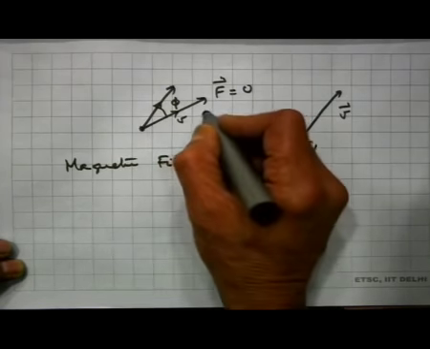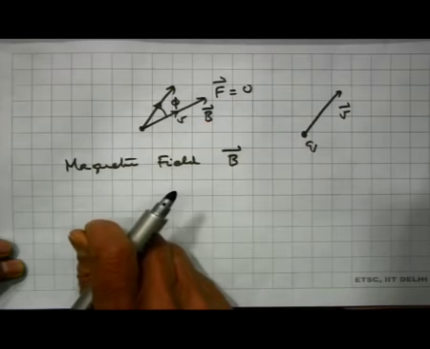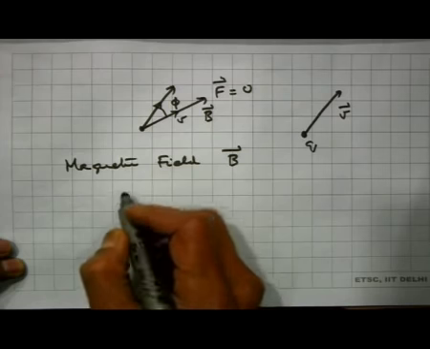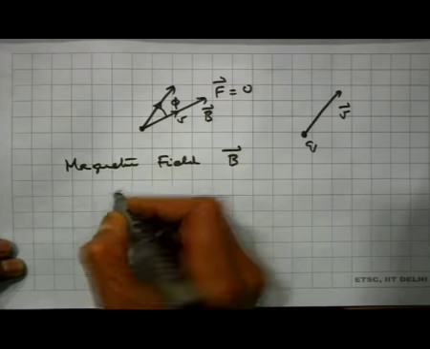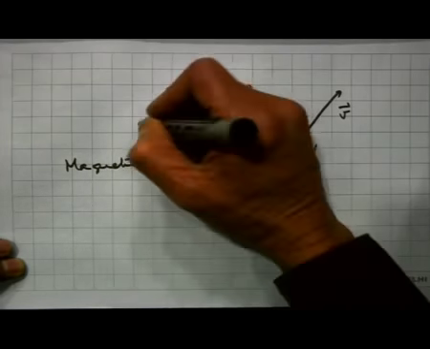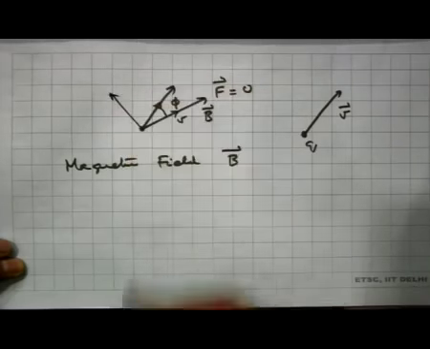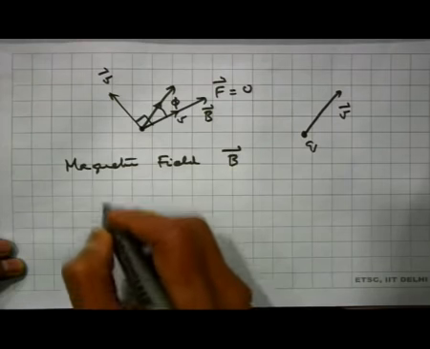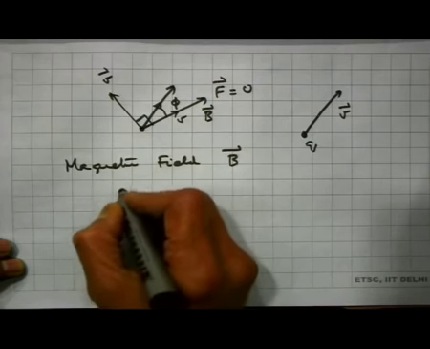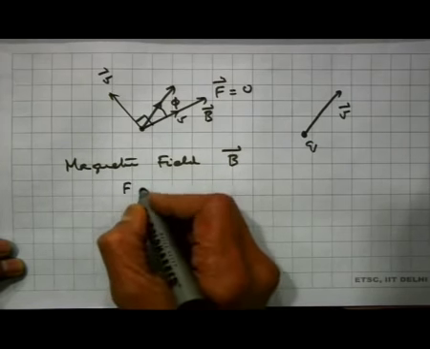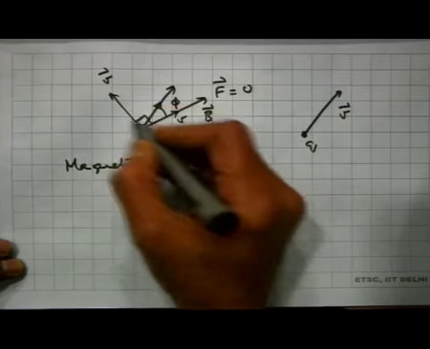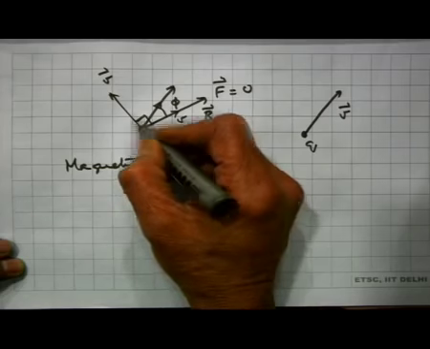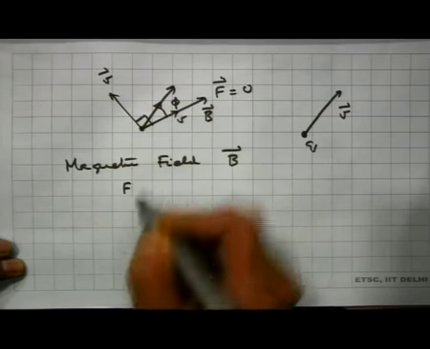Now I move the charge perpendicular to this direction, and I find a certain force acting on the moving charge, which, as I mentioned, is perpendicular to both the velocity vector and the B vector.